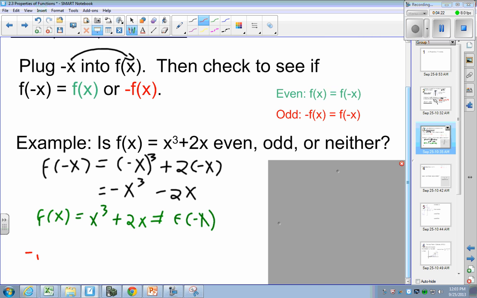So what's negative f of x? Well, that's just going to be equal to negative x cubed minus 2x, because we're just multiplying everything by negative 1. Well, that's equal to this right here. So we get that negative f of x is equal to f of negative x. And so what we've just shown is that f of x is odd.